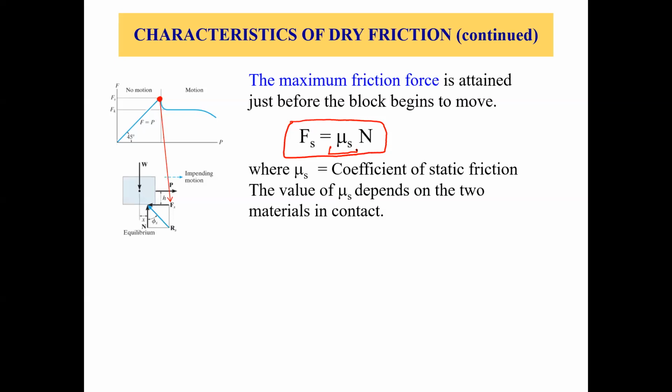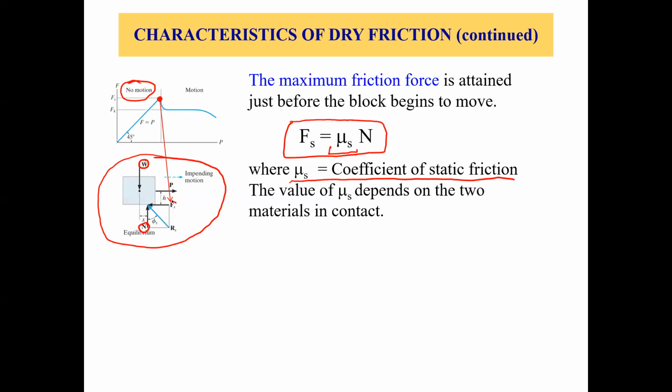So just remember that mu s is the coefficient of static friction because we are in the no motion zone here. So that's why we call it static friction and coefficient of static friction, right? And this diagram, we already discussed. This is the block, this is the weight of the block acting downwards, the normal force acting upwards at a distance x from the center of gravity.